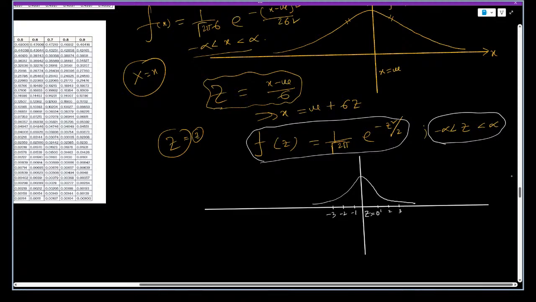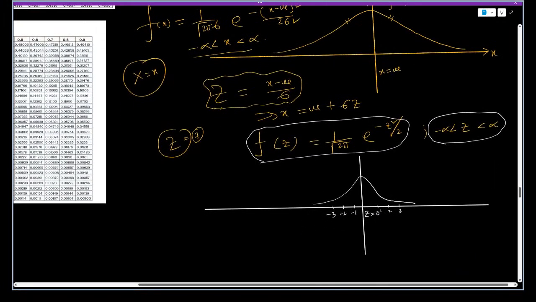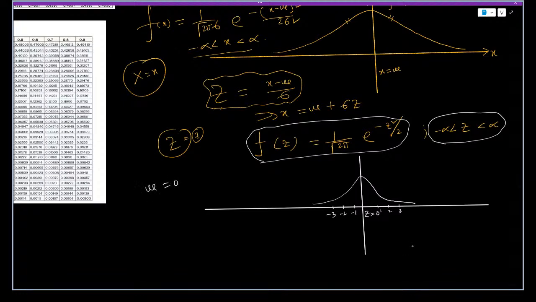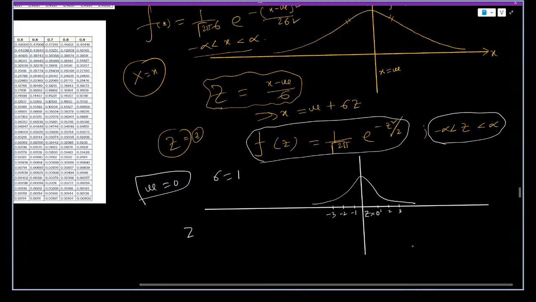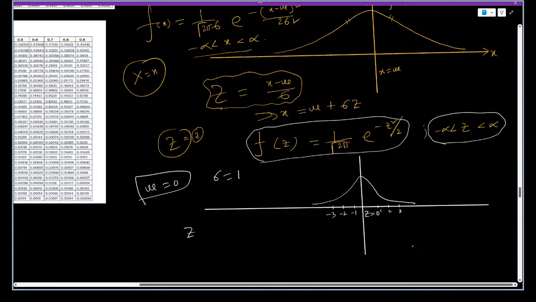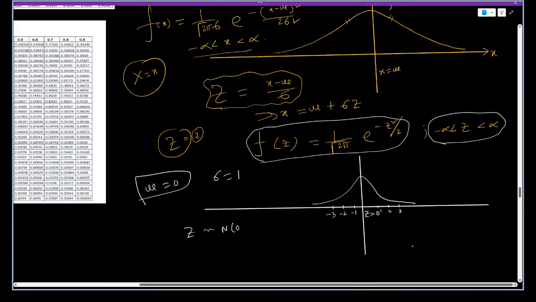This standard normal distribution curve has some advantages. Here, the value of mean is equal to 0. We have taken it here, and sigma is going to be 1. Sometimes we write this, by taking the random variable z, as N(0, 1).